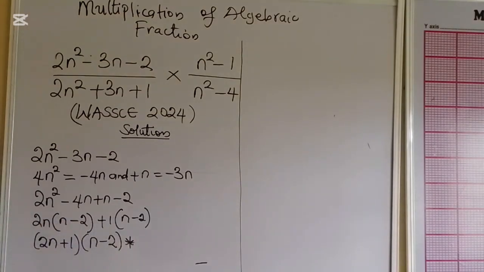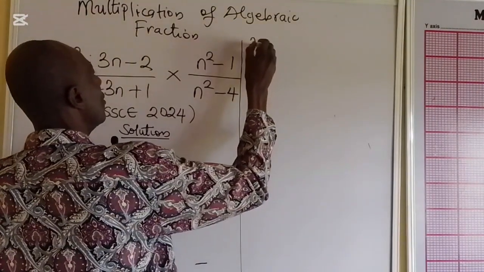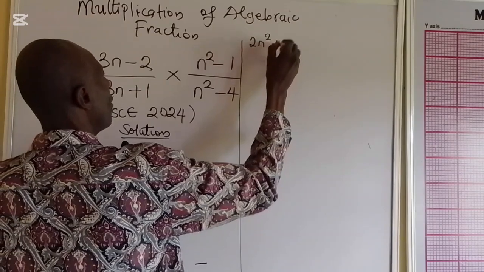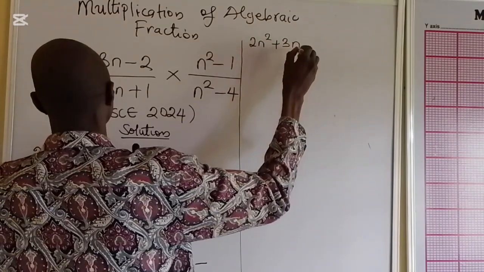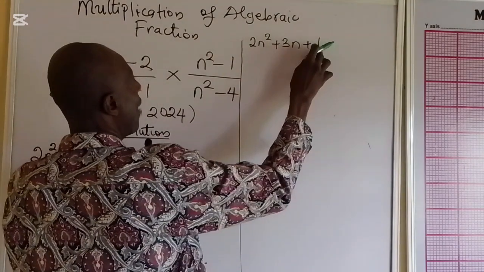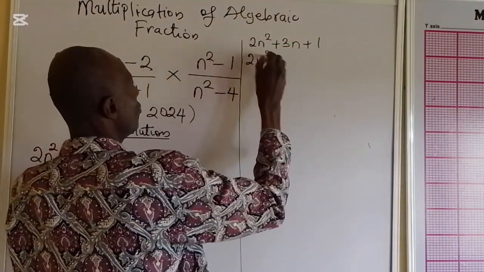So let us work on the denominator. The denominator says 2n² + 3n + 1. I'll use the last term to multiply the first term, giving us 2n².